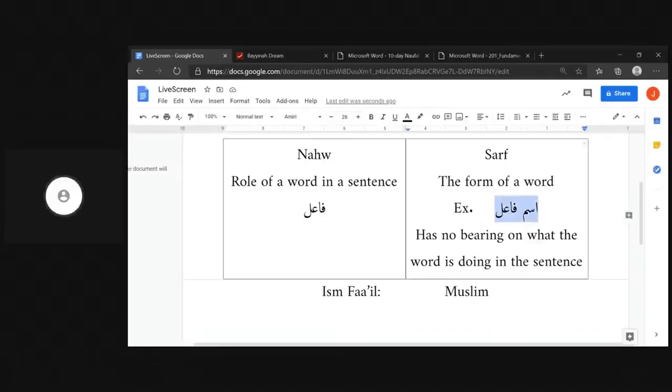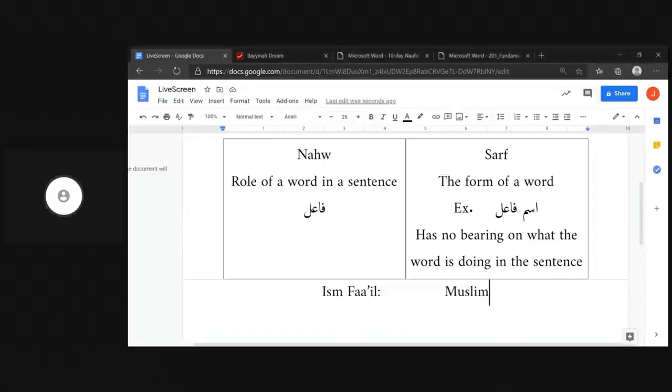If you can do that with one of the vocabulary words of sarf, that's how you know that this is a sarf term and not a nahu term, right? I can look just from the form of the word and I can tell you it's ism fa'il. That means it doesn't have any role in a sentence yet. That's just what it is.